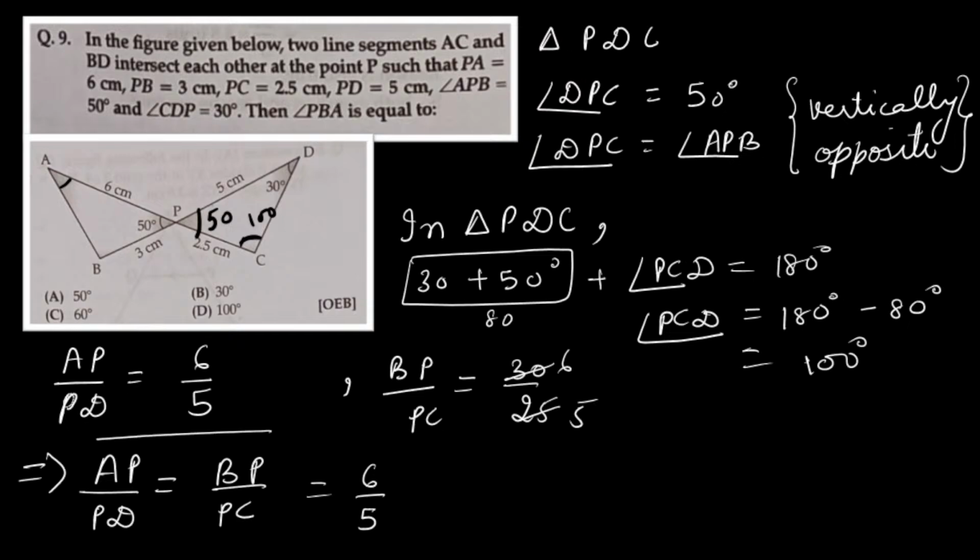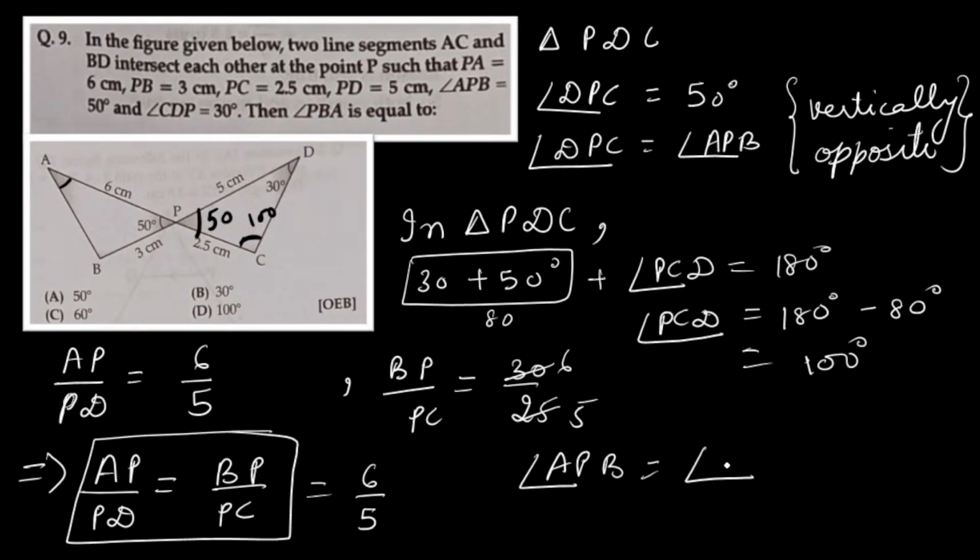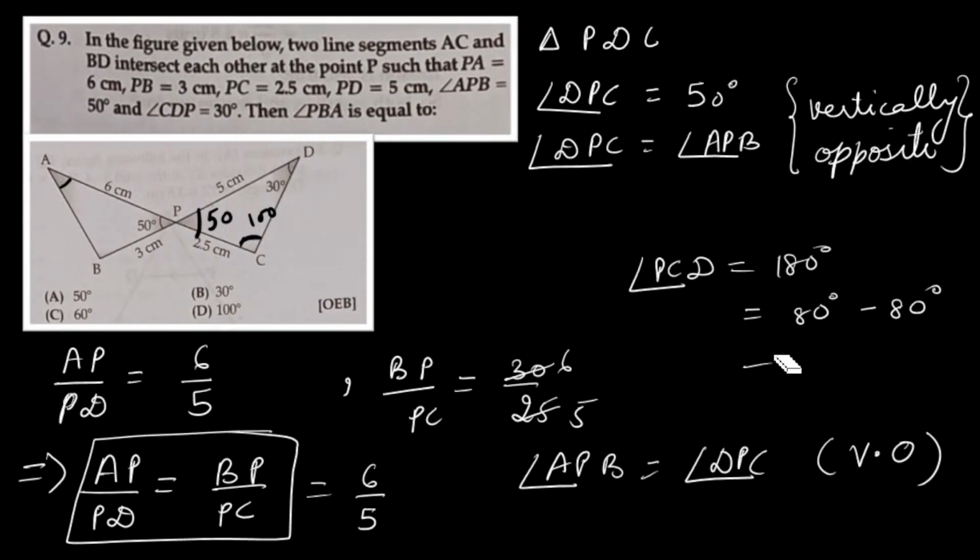So these are the corresponding sides, and we also know angle APB is equal to angle DPC, as these are vertically opposite angles. Now what will be the names of the triangles? While naming, you have to be a little careful.